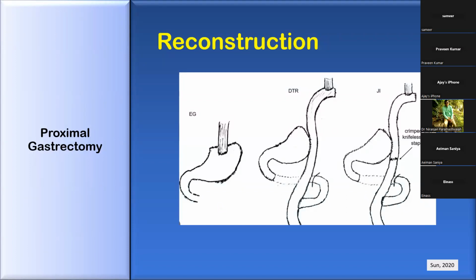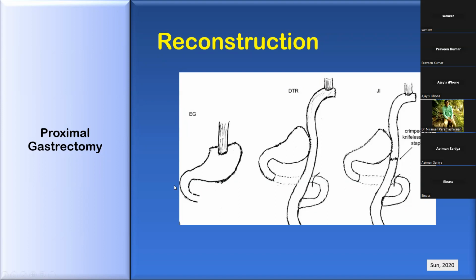Please understand, if you look at the literature, anticolic, retrocolic, Roux-en-Y or Billroth, there is no difference in terms of anastomotic leak, malabsorption, and most of the other parameters. The only thing that works well for Roux-en-Y would be biliary gastritis or biliary esophagitis.